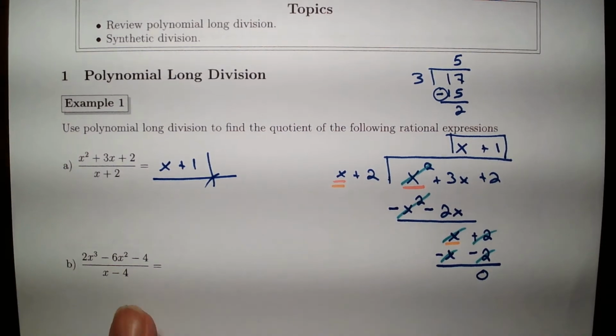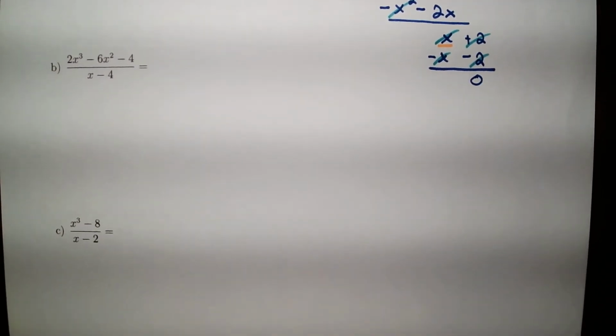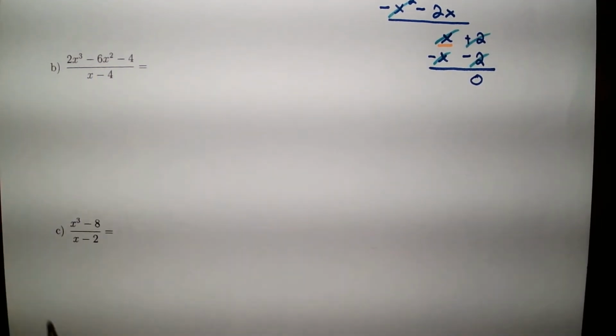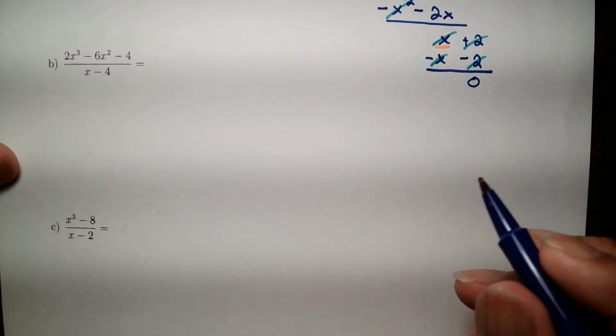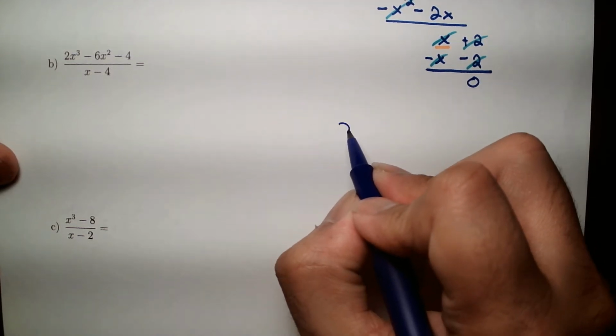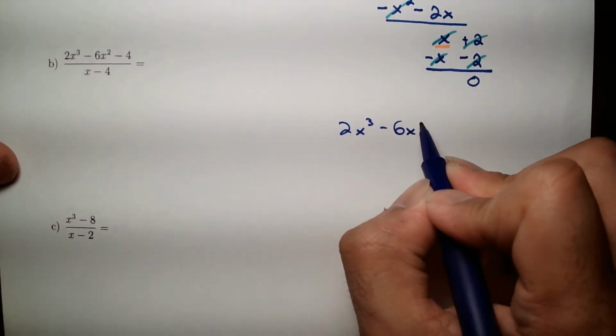Well, for 2x cubed minus 6x plus 4, we need to write this in the same way using the division notation. All right, so let's write it down. 2x cubed minus 6x squared.